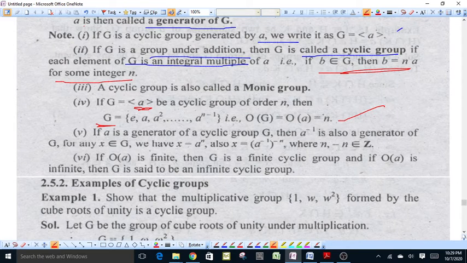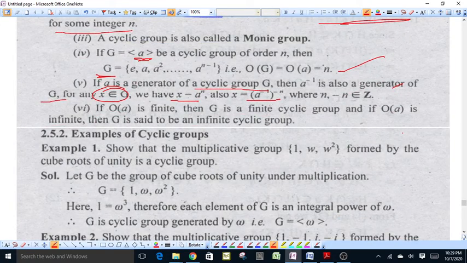If A is a generator of cyclic group G, then A inverse also is a generator of G. For any element x of G, we have x is equal to A raised to power n, and also x is equal to A inverse raised to power minus n, where n and minus n are integers.